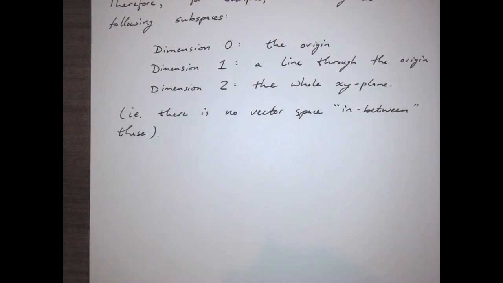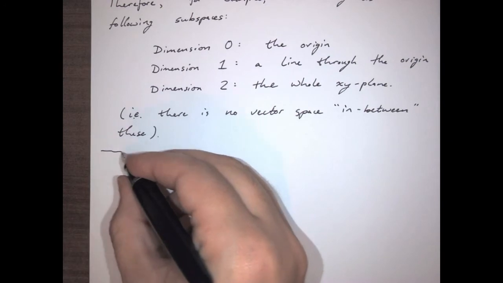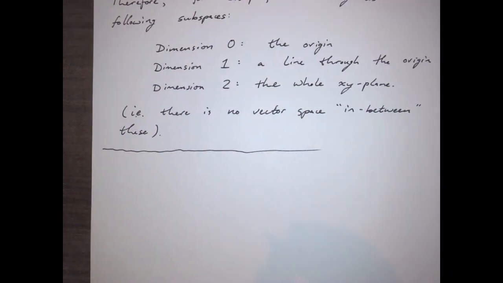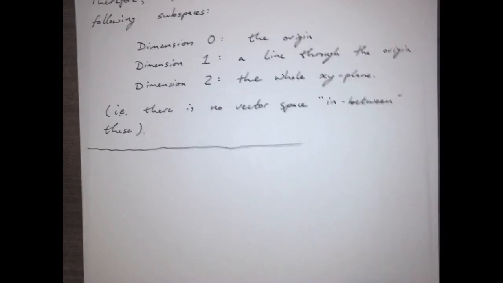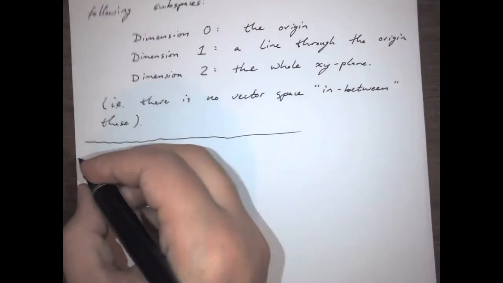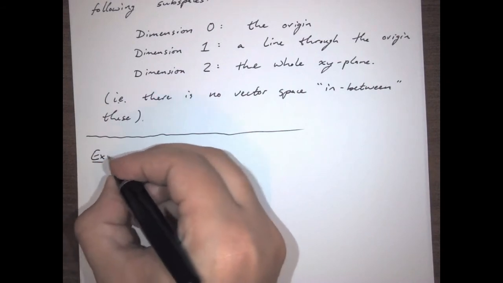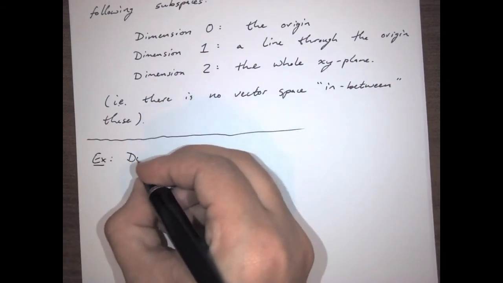It could not be a vector space. Vector spaces only come in these categories. And the same thing is true of R3. So if we're talking about R3, the vector subspaces of that will be the point at the origin for the zero-dimensional, a line through the origin for one-dimensional, a plane through the origin for two-dimensional, and then all of R3, but nothing in between. Alright, so let's take an example here. Does the following.